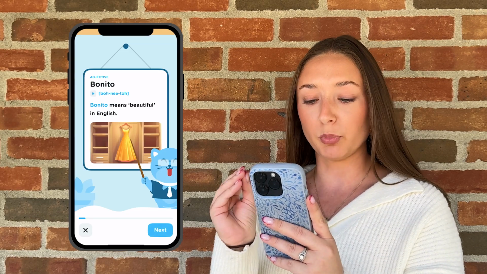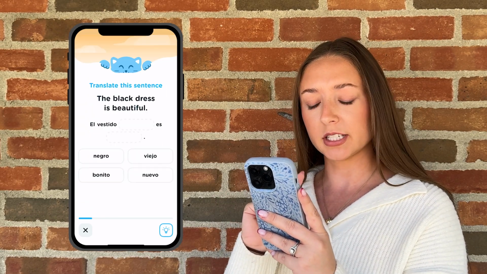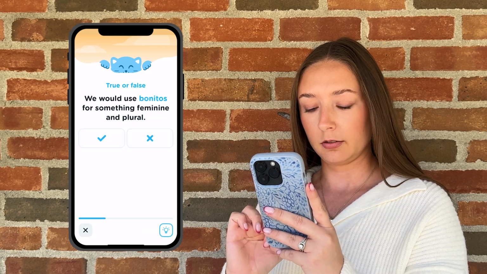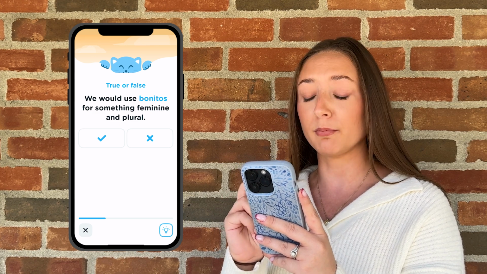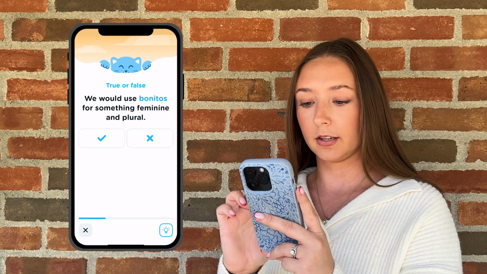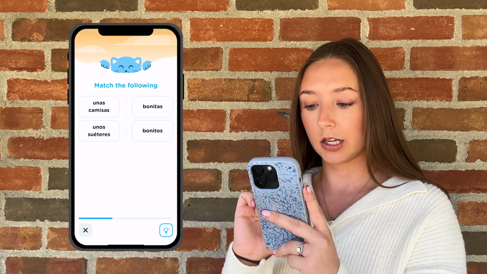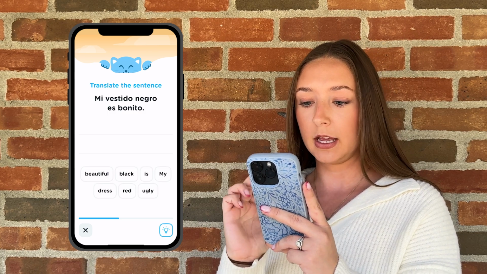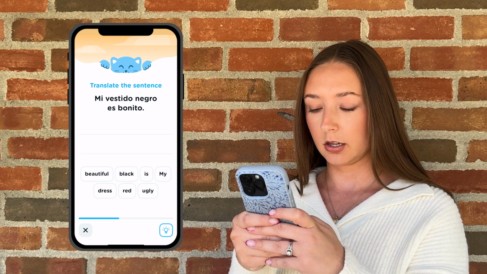Okay, the adjective bonito. Bonito means beautiful. Got it, easy. The black dress is beautiful. El vestido negro es bonito. We would use bonitos for something masculine and plural. Unas camisas bonitas, unos suéteres bonitos. Mi vestido es negro.